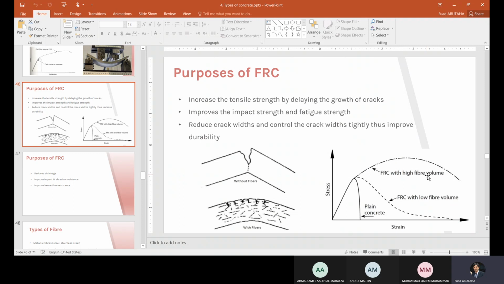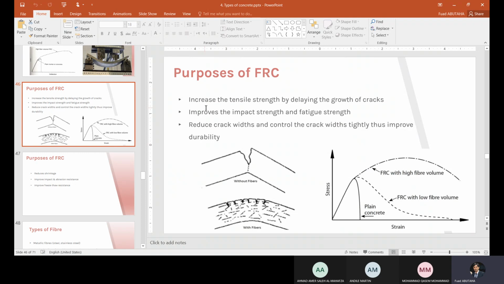The high fiber content is the more ductile material, with more plasticity. So this is how it breaks without fiber, brittle, and this is with fiber. It can show some resistance when there is fiber inside. This we call plasticity, deformation of the material.